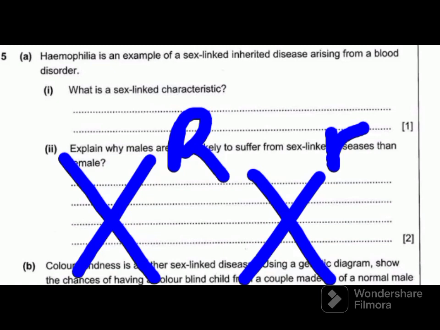You should also note that a carrier is normal, but it just means that if a person is a carrier, that person just carries a particular disease in him, but it does not show that he has the disease. So these are the genotypes we are going to use.